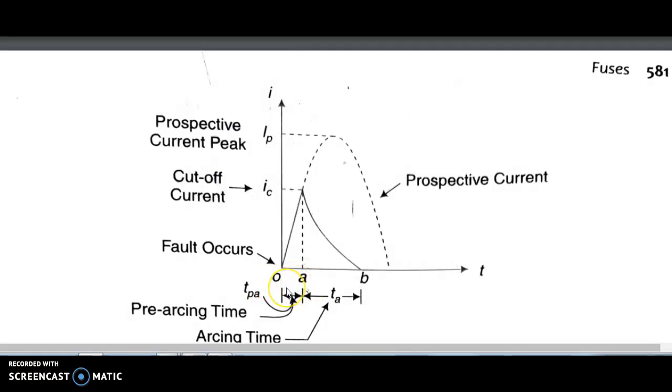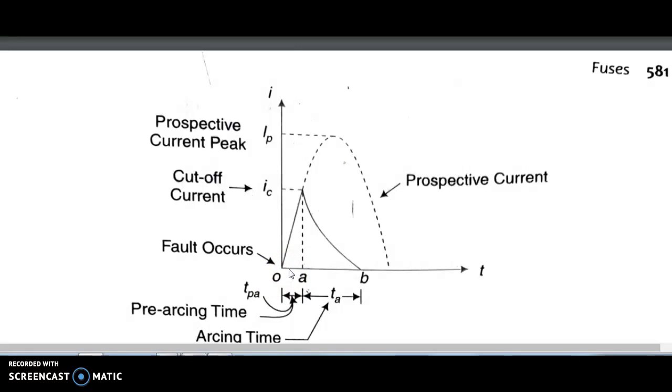It is the time from the instant of commencement of the current from O, which causes the cutoff, to the instant of cutoff. So this instant from O to A we call the pre-arcing time or melting time.